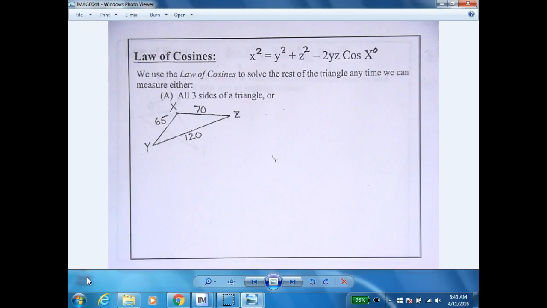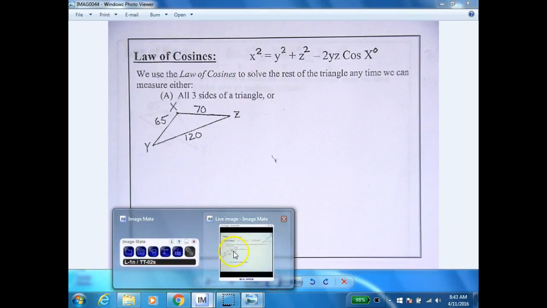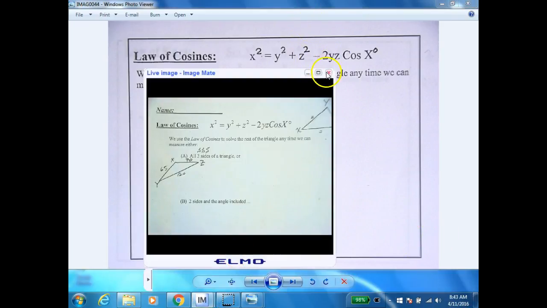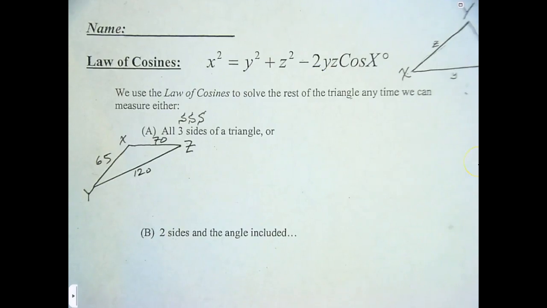Now I'm going to tell you the different times you can use them. So, side, side, side here. Am I looking for a side or an angle? An angle. If I'm completing this triangle, meaning finding all side and angle measures, I am looking for an angle.